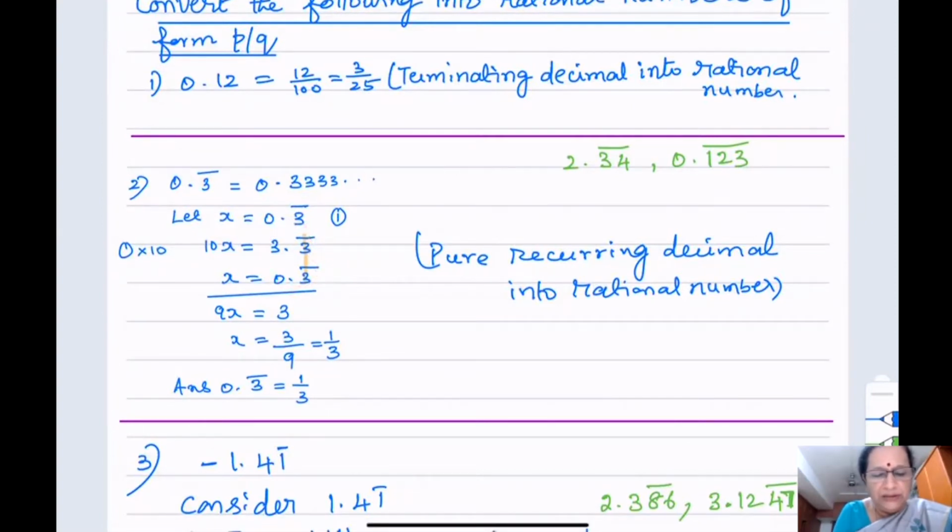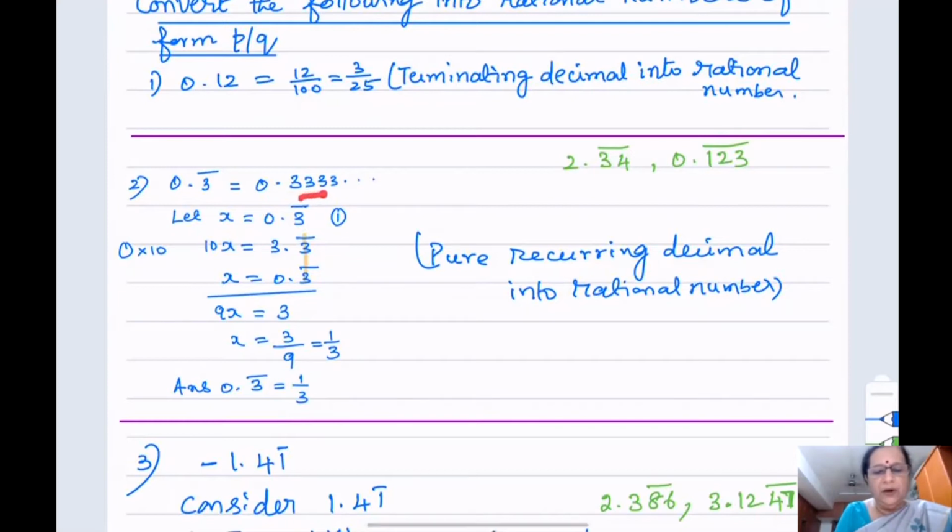Because the decimal part is the same, on subtraction this becomes 9x and here you get only 3, the decimal part gets cancelled. So 9x is equal to 3, x is equal to 3 by 9, and when you reduce it, 1 by 3. So 0.3 bar, what rational number will it be? It is nothing but 1 by 3.